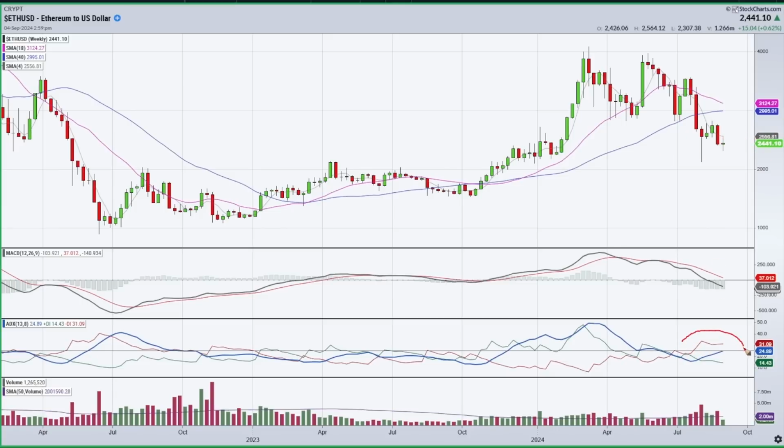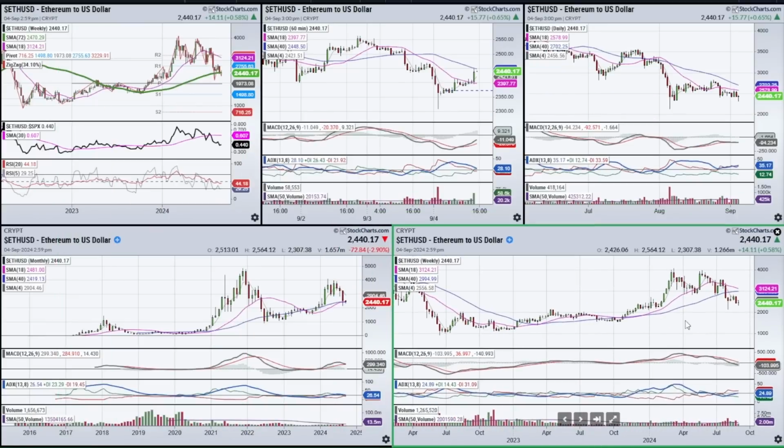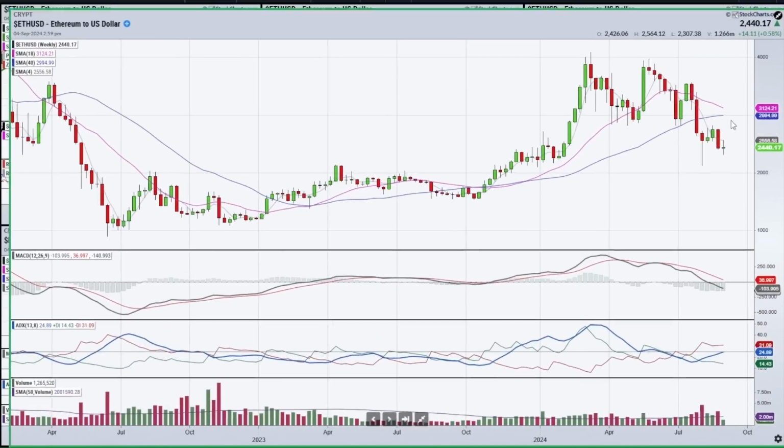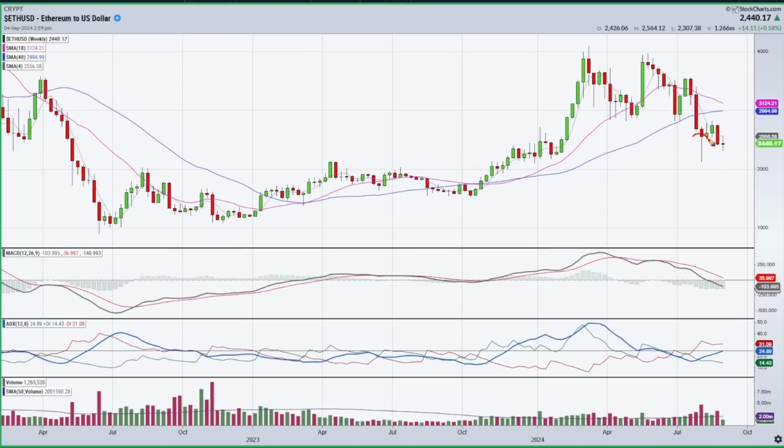If the red can't get the ADX to cross above and it starts to turn, then I think we could be a little bit more aggressive. But I think we've got to give this a little bit more time. Yeah, it had a spike down here. So one of the things I do want to point out, you see this big tail? The big tail did cause this DI line to go up. You've got to understand how these are calculated. So in this case, it's making it look a little worse than it actually is.